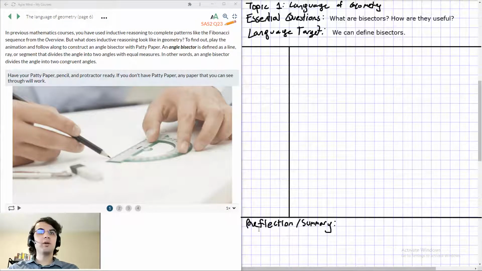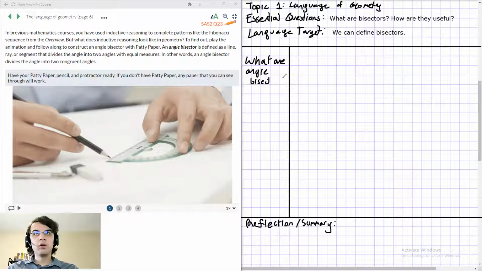Next up, let's talk about our questions for the day, right? The topics, the note topics, and these are going to be built out of the essential questions. So if I'm asking what are bisectors, my two parts to that are going to be, okay, what are angle bisectors, right? What are angle bisectors?